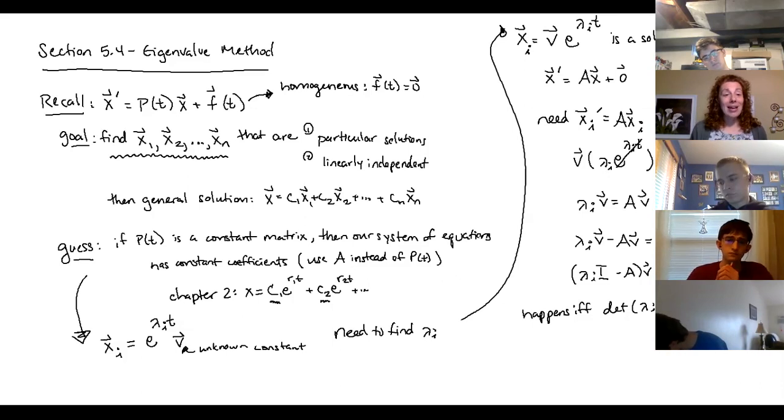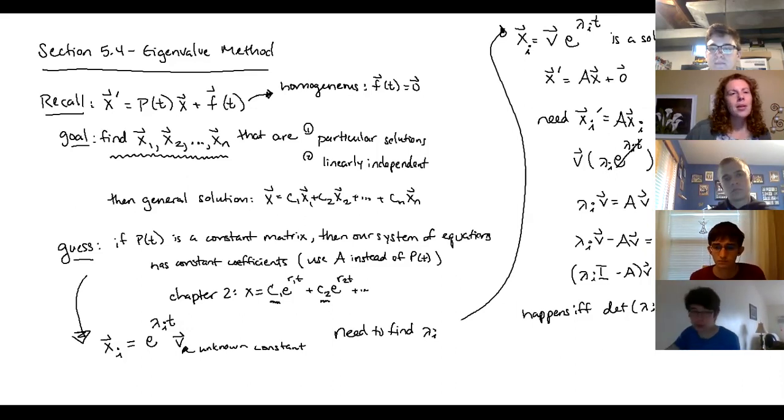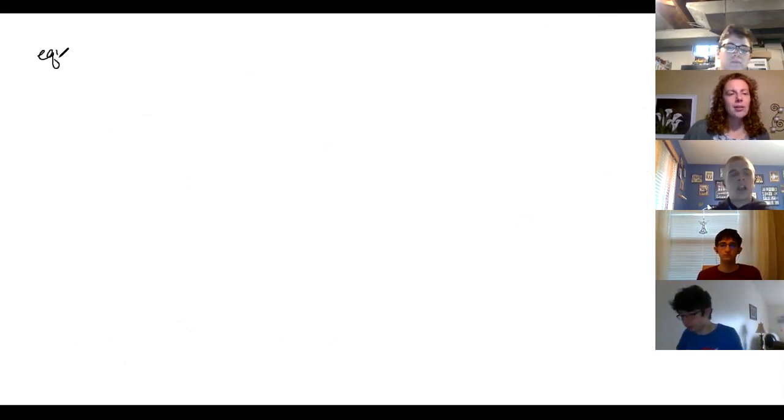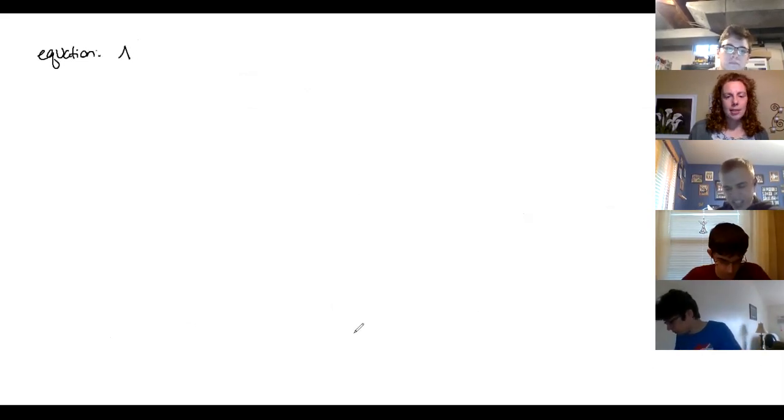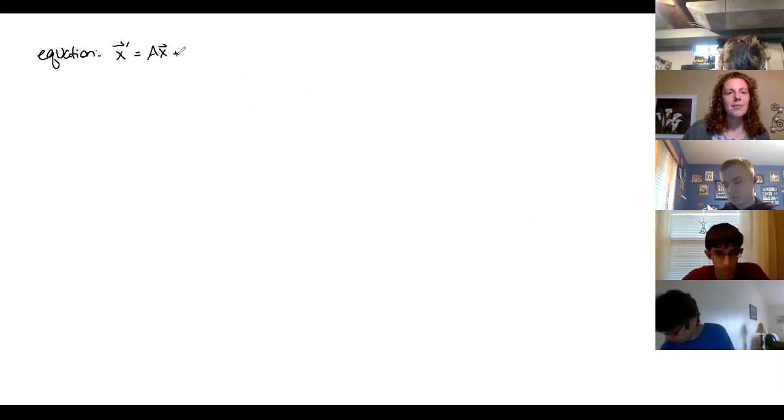So let's summarize. Here's where we're at, and then we're going to introduce terminology. So my basic equation is going to be vector x prime equals A times vector x plus the 0 vector. That's my basic differential equation I'm going to solve.